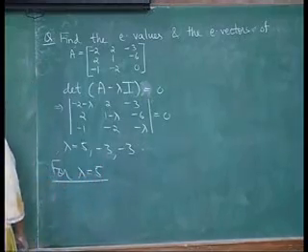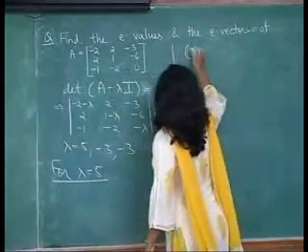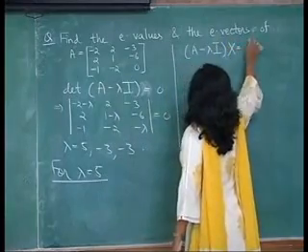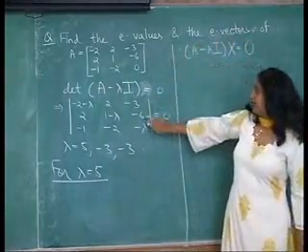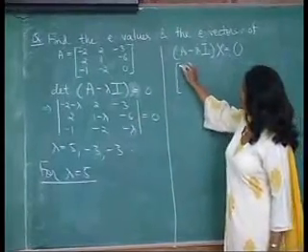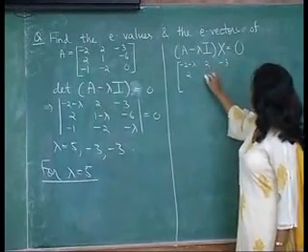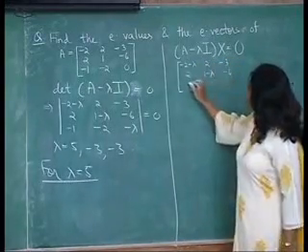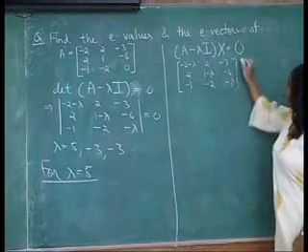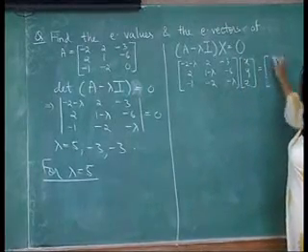As I mentioned in the note, for each eigenvalue, you have to look at the system A minus lambda I times x equal to capital O. So A minus lambda I is the matrix -2 minus lambda, 2 minus 3, 2, 1 minus lambda, -6, -1, -2, minus lambda. And let me take x to be x, y, z equal to the 0 matrix.